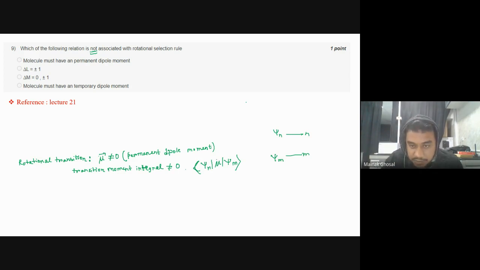This value is called the transition moment integral, and it should be non-zero for the transition to happen. But if mu becomes zero, then this whole factor will be zero, so your transition will not happen.